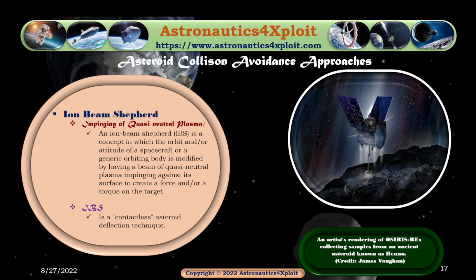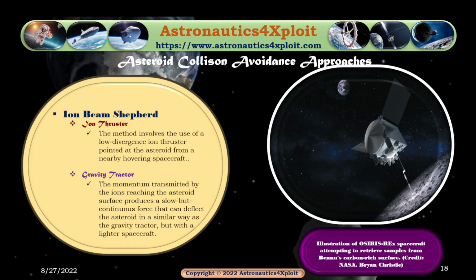This picture shows an artist's rendering of OSIRIS collecting samples from asteroid Bennu. The method of ion beam shepherd involves the use of a low divergence ion thruster pointed at the asteroid from a nearby hovering spacecraft. Gravity tractor.